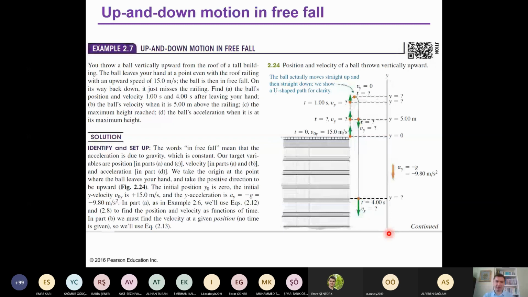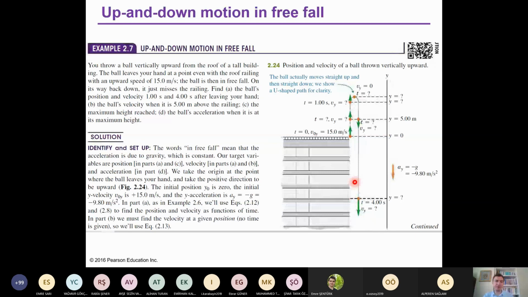In order to calculate the velocities, again, you can use the first equation of motion for constant acceleration: Vy equals Vy0 plus ay times t. Instead of ay, again, we use minus g because we have chosen the positive y direction upward, and g is along the negative y direction.